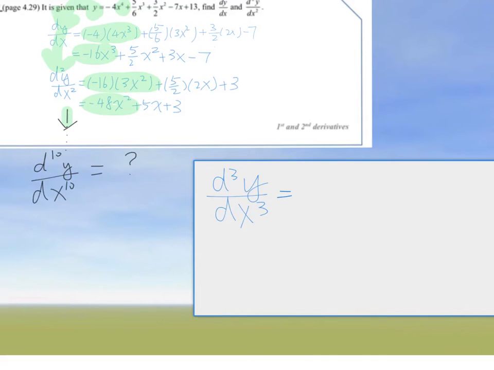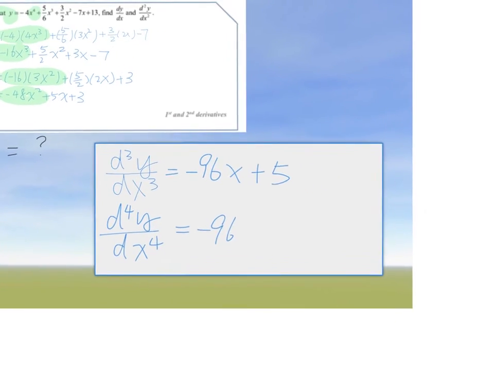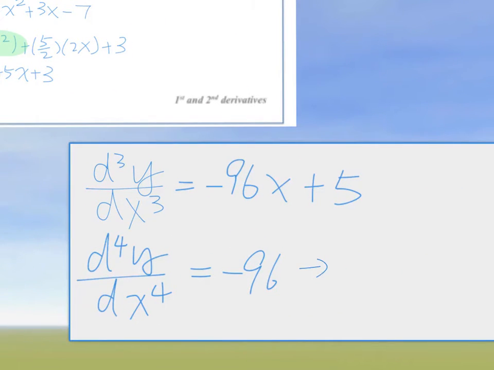When we differentiate once more, you will get negative 96x plus 5, and the power becomes 1. Differentiate even once more, you only get negative 96. Already a constant function. So after that, I differentiate once more, and you will get 0. Okay, so what does it mean?